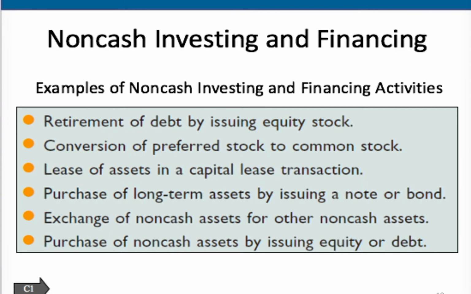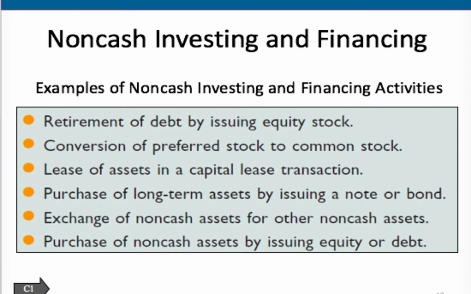Some important investing and financing activities do not affect cash receipts or payments. One example of one such transaction is the purchase of long-term assets using a long-term liability or note payable. This transaction involves both investing and financing activities, but does not affect any cash inflow or outflow.